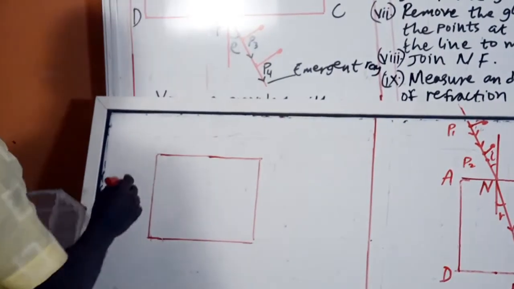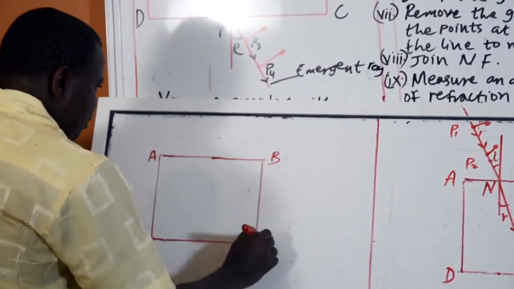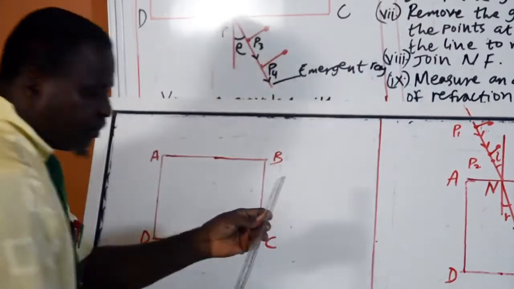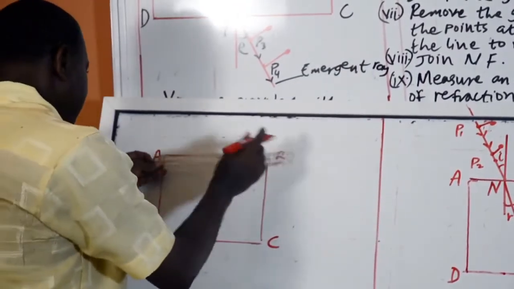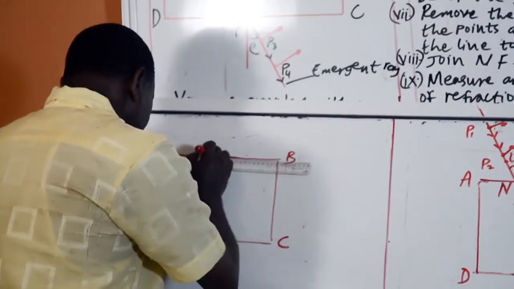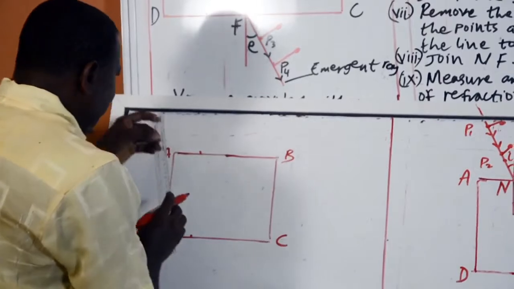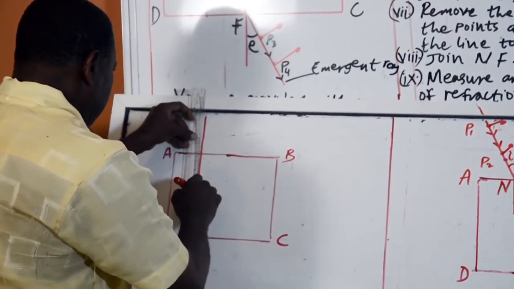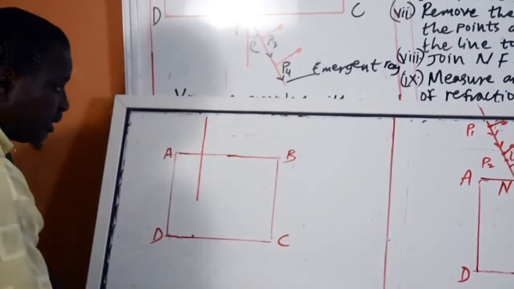After that, you remove it. You name it A, B, C, D. You use your plain 30 centimeter ruler to measure 2 centimeter from A. If it's 2 centimeter, you draw a mark, N, at that point.